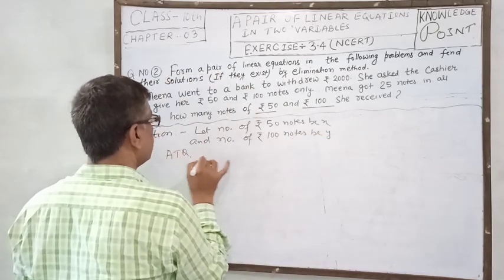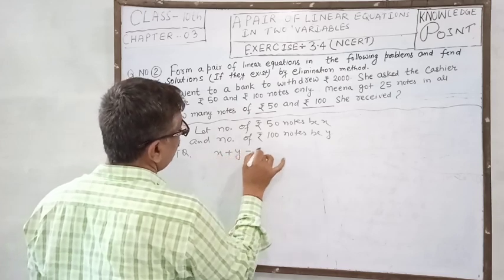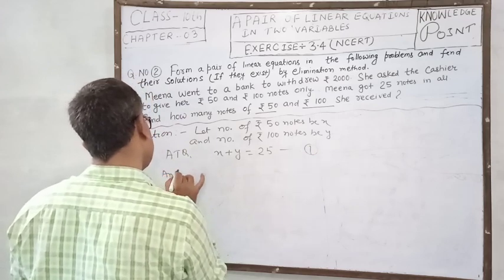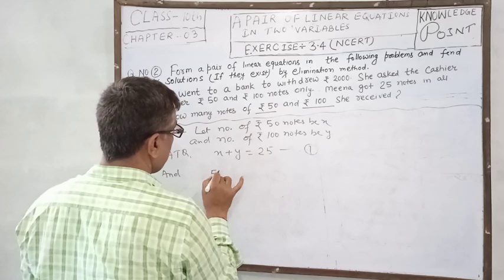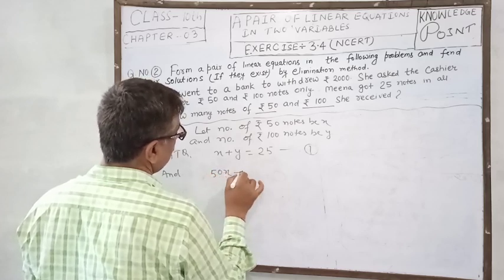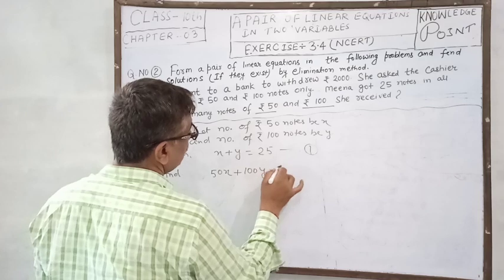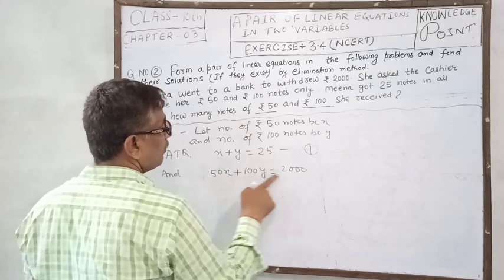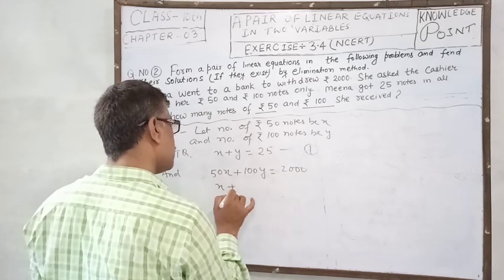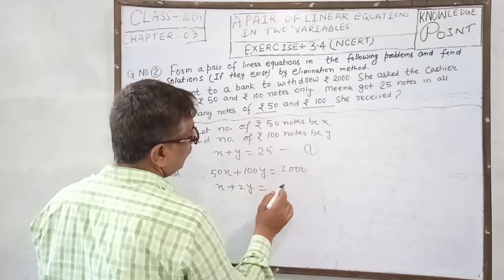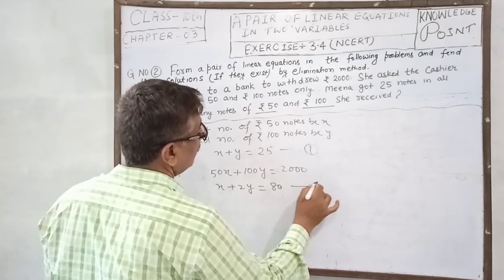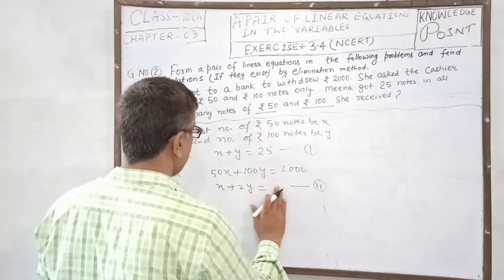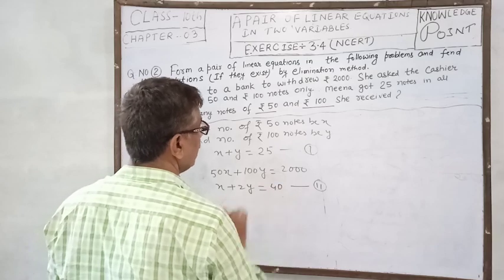According to the question, x plus y, total notes, is 25, and 50x plus 100y, total rupees, is 2000. On dividing all by 50, x plus 2y equals 40.